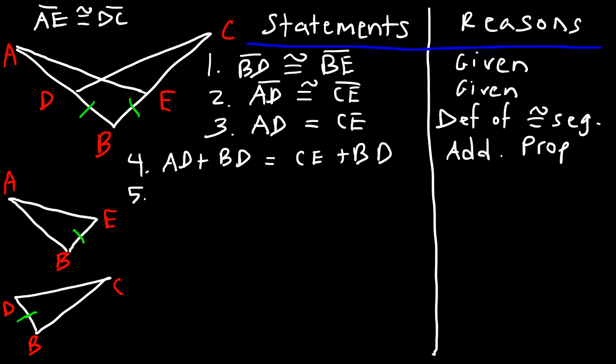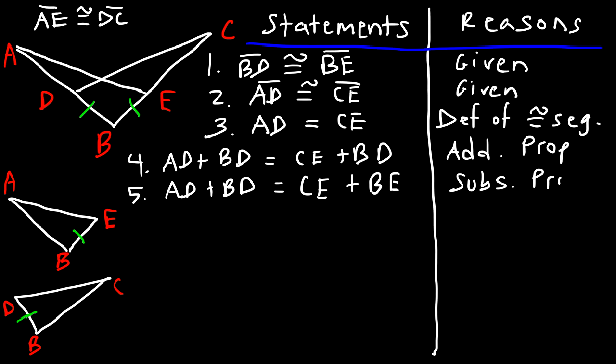Now in step 5, notice that BD and BE are the same. So on the right side, I'm going to replace BD with BE. So I'm substituting BD with BE. So that's the substitution property.